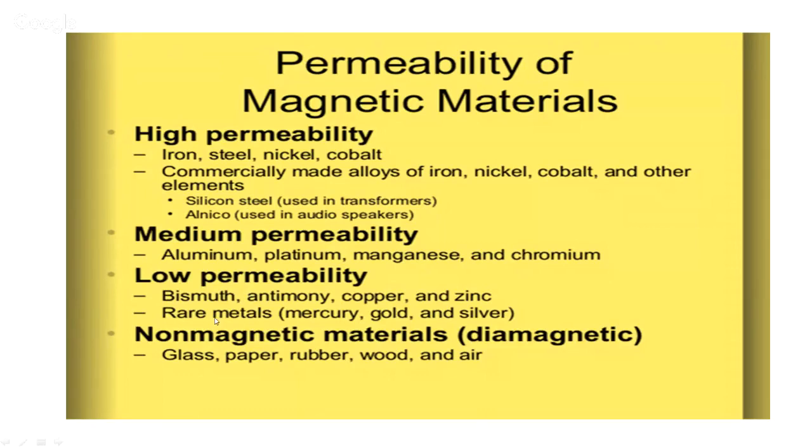Low permeability means bismuth, antimony, copper, and rare metals such as gold, silver, and mercury. Non-magnetic materials are glass, paper, rubber, wood, etc. Non-magnetic materials cannot be magnetized. High permeability means they can be magnetized very easily. Medium permeability means on a lesser scale, whereas with low permeability, it is a bit difficult to magnetize these materials.